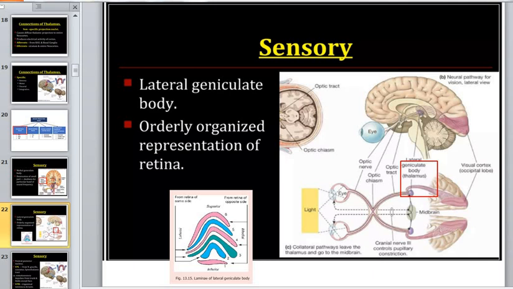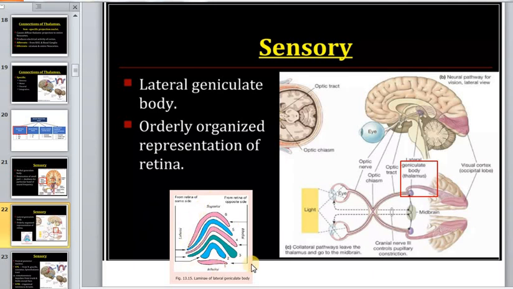Noradrenergic fibers, with the special neurotransmitter noradrenaline, reach it from the locus coeruleus, and serotonergic fibers from the raphe in the midbrain.